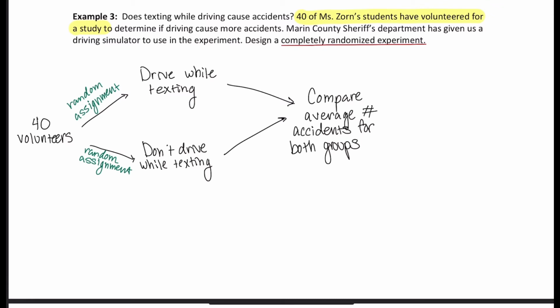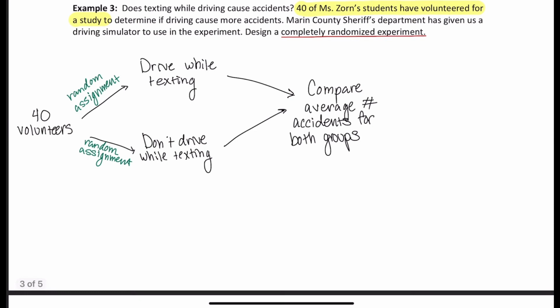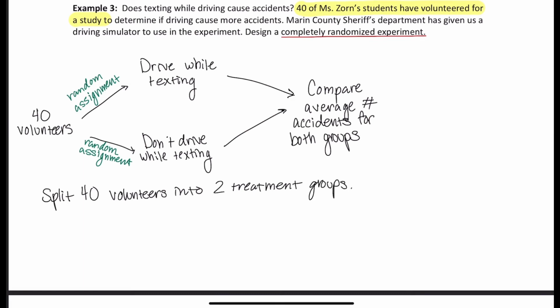So if we were to write this out as a description, we'd start with the 40 volunteers, but we are splitting those 40 volunteers into 2 treatment groups. So we can use an RNG, a random number generator.